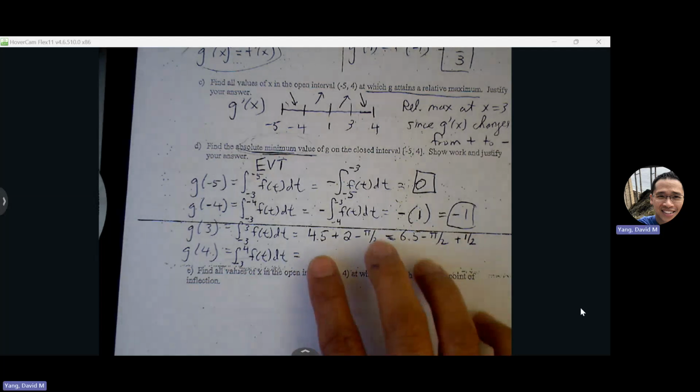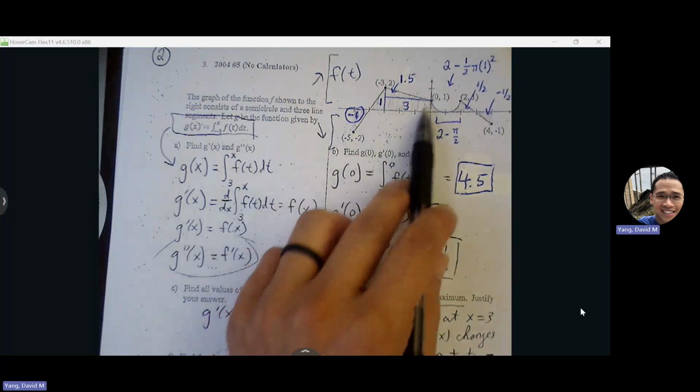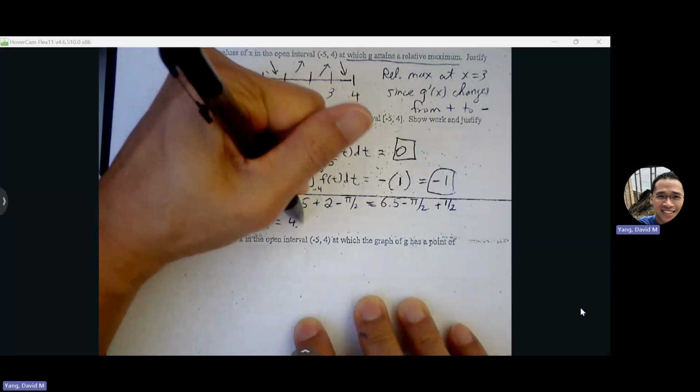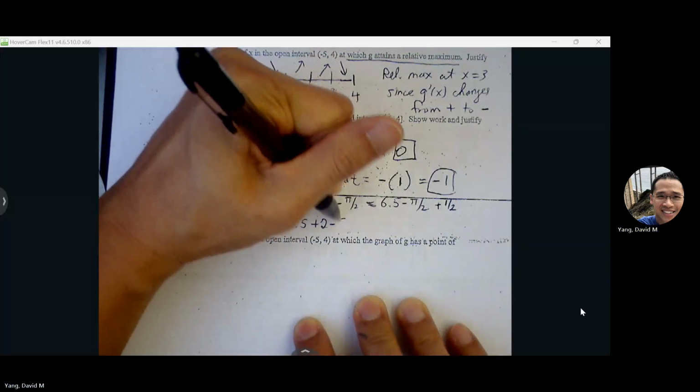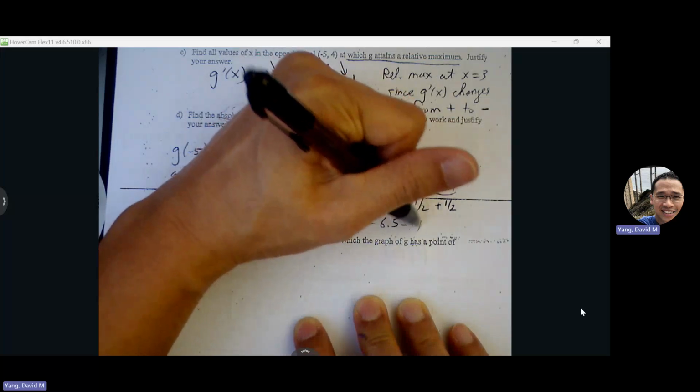Now this is what I was talking about before. This is the rectangle, triangle, rectangle minus semicircle, and then add these two up. So this one is going to be 6.5 minus pi over 2.